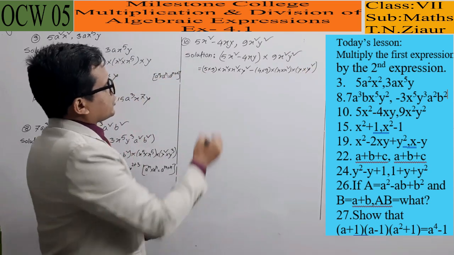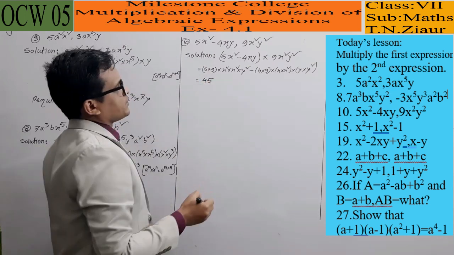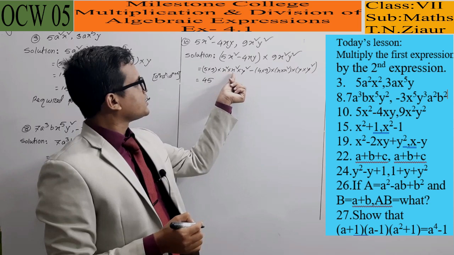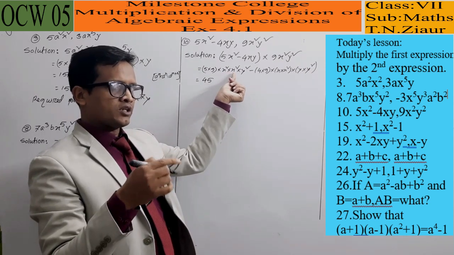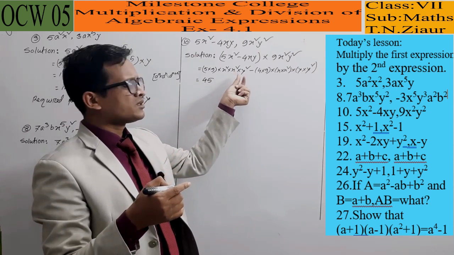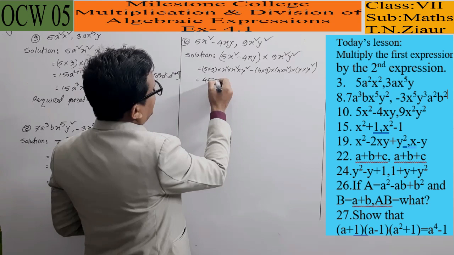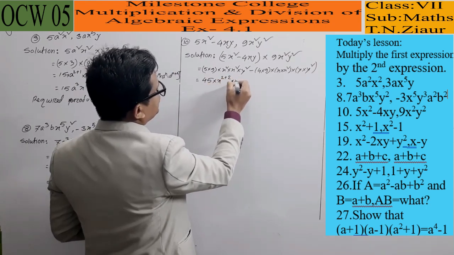Okay, so now 5 times 9 is how many? 45. So here the same base, right? Same base, x into x. You know the formula, a to the power m into a to the power n is equal to a to the power m plus n. So just write here x to the power 2 plus 2 into y square.